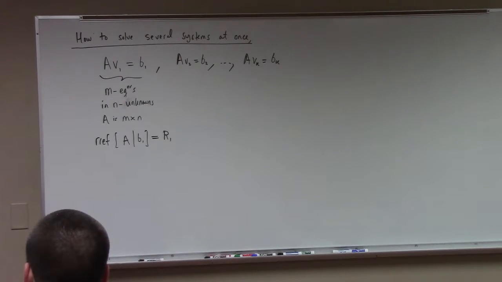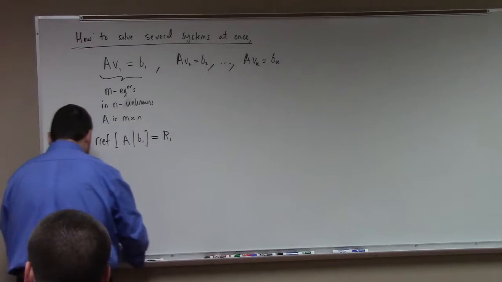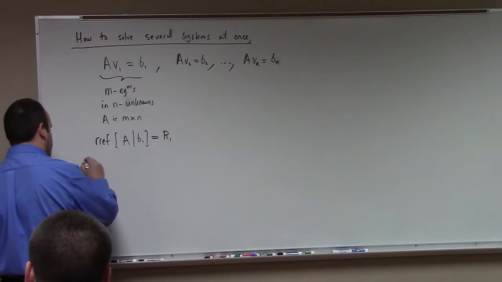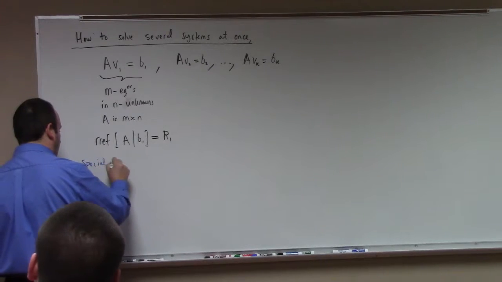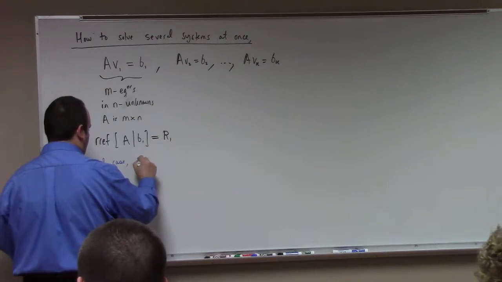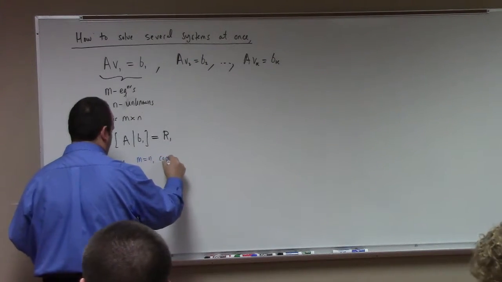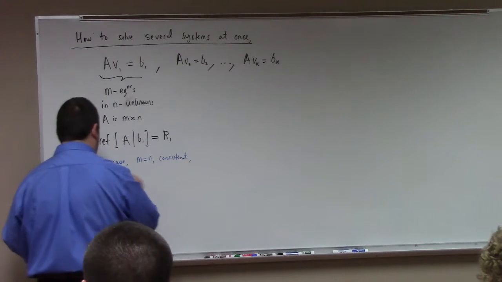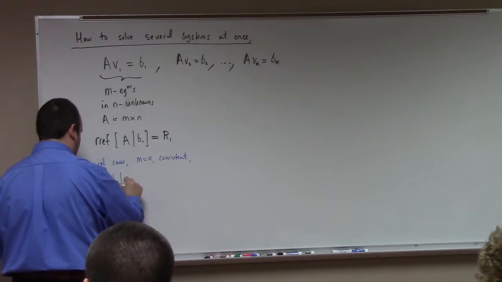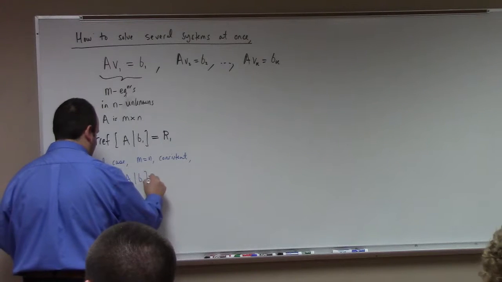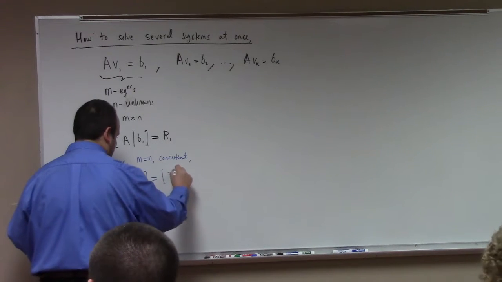Special case. If it happened to be a square matrix, and it happened to be consistent, what would this look like? What do we get? We get the identity matrix, right?